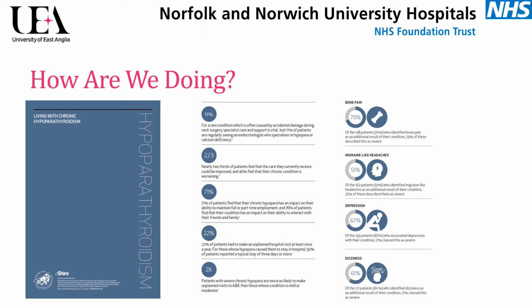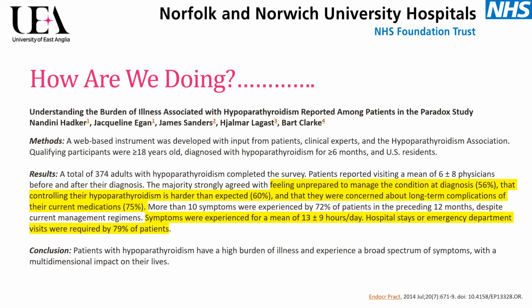Some of the morbid burden in terms of symptomatology is summarised in this right-hand column here. 70% suffering from bone pain, 51% migraine-like headaches, 67% depression, 61% dizziness. So there is clearly a really significant symptomatic burden associated with the condition.